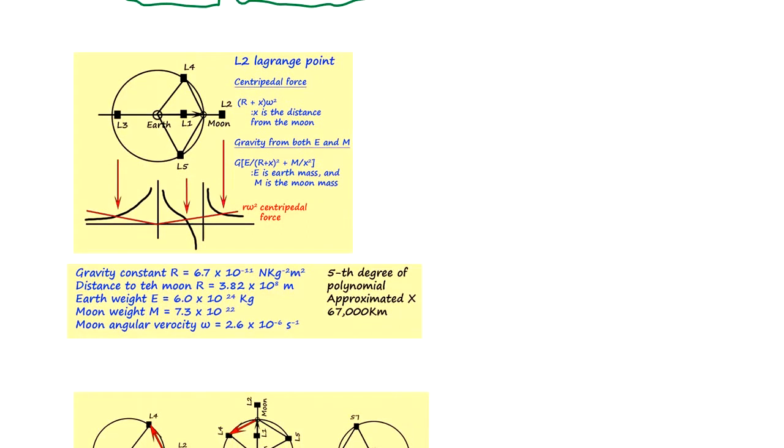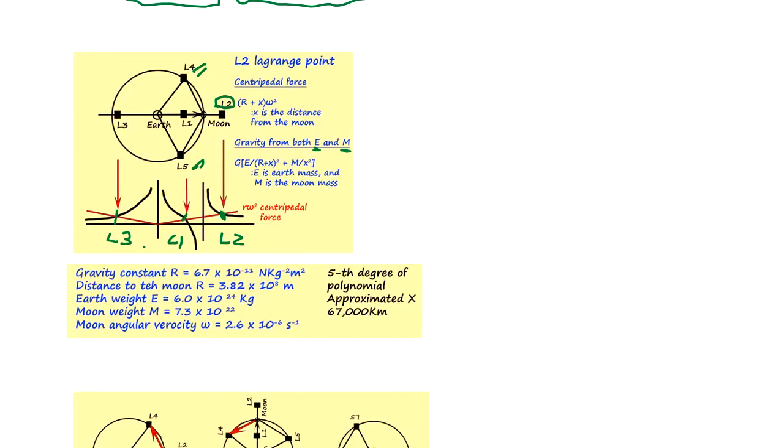Here's the illustration of the centrifugal force and gravity from both Earth and Moon. This is the L2 point, this is the L1 point, L1, L2, L3, and we have L4 and L5 points. If you try to solve this, it's a fifth degree polynomial, and you cannot solve it by algebra.